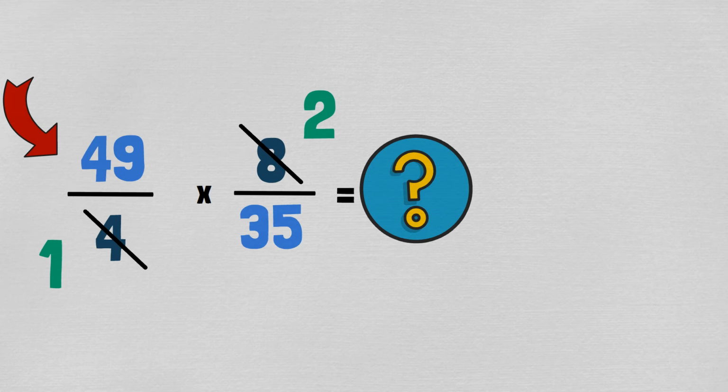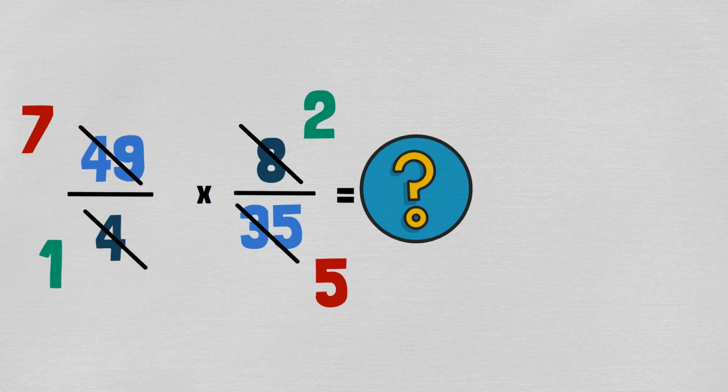However, the numerator 49 of the first fraction and the denominator 35 of the second fraction can both be divided by 7. 49 divided by 7 equals 7, and 35 divided by 7 equals 5.